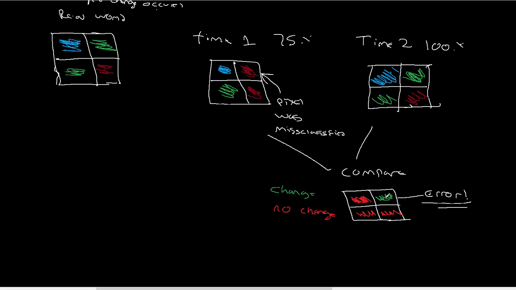And the reason it's an error, the reason we're detecting change here, even though we know, in quotes, that no change occurred, is because this was a classification error. This was a misclassified pixel in the classification at time 1. So this should have been forest, but the classifier called it urban, and it got used, it got compared, and it came out as change, even though no change actually occurred.